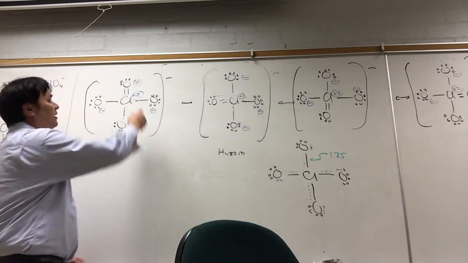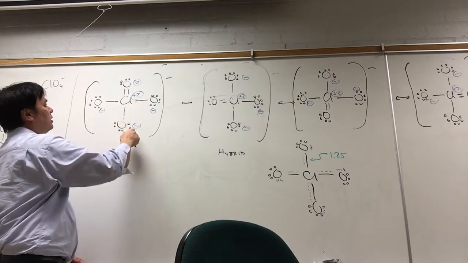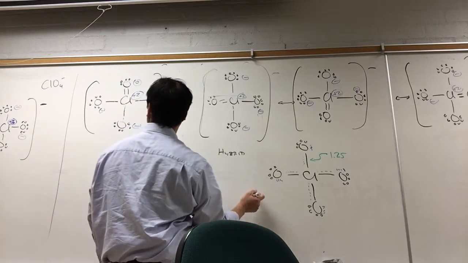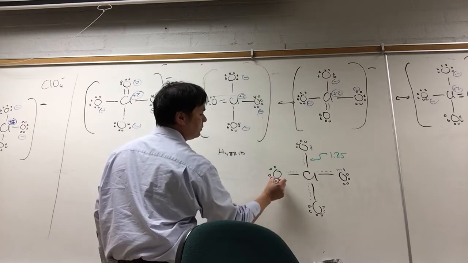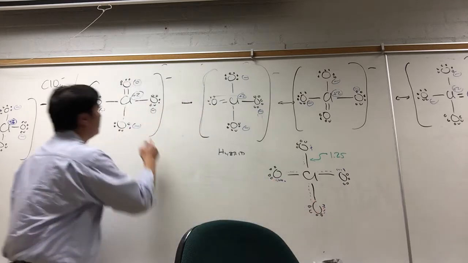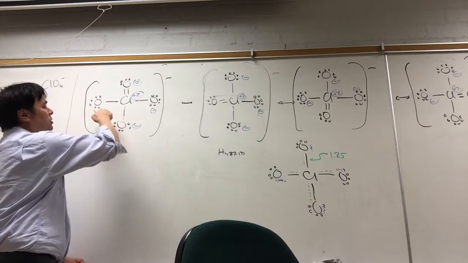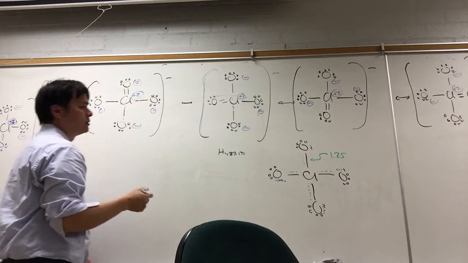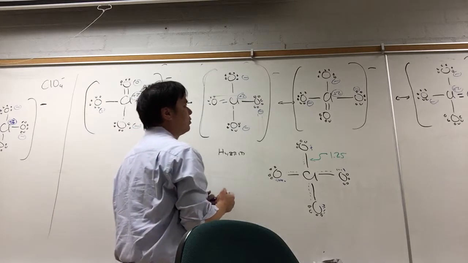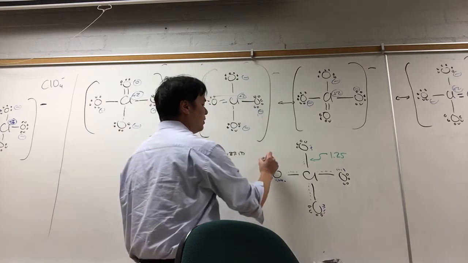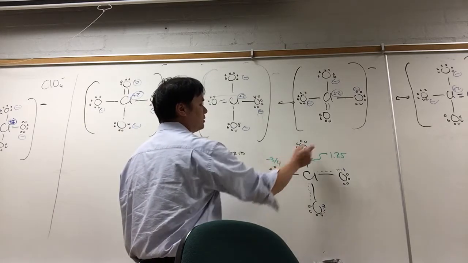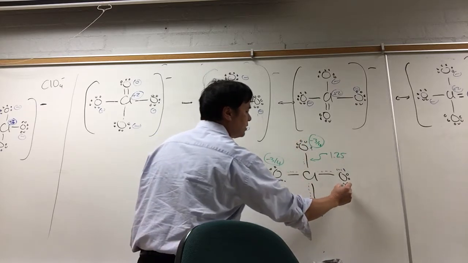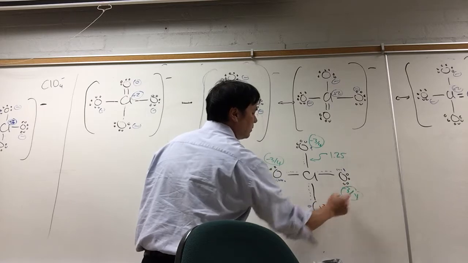And so we have -3 lone pairs spread out over 4 atoms. -3 charge spread out over 4 atoms gives each one a -3/4. And so that's the formal charge on each of these, -3/4.